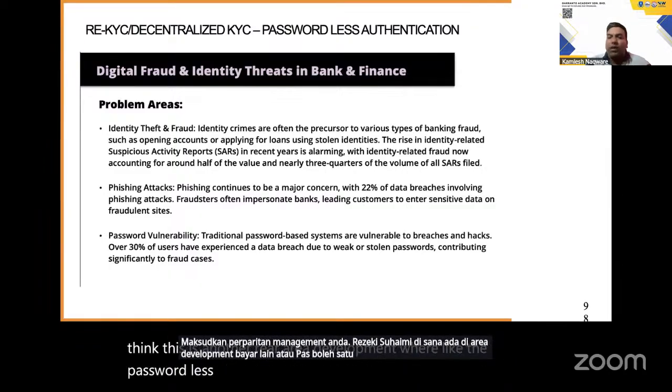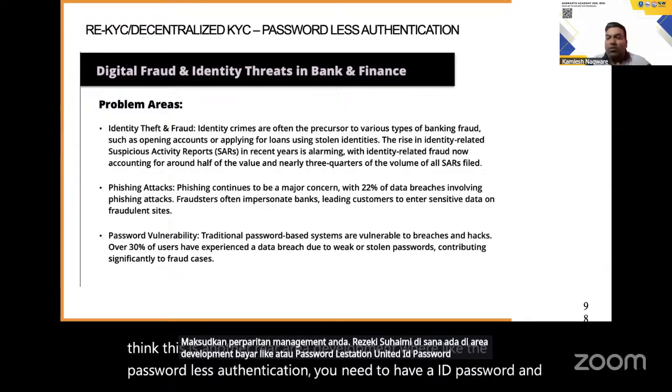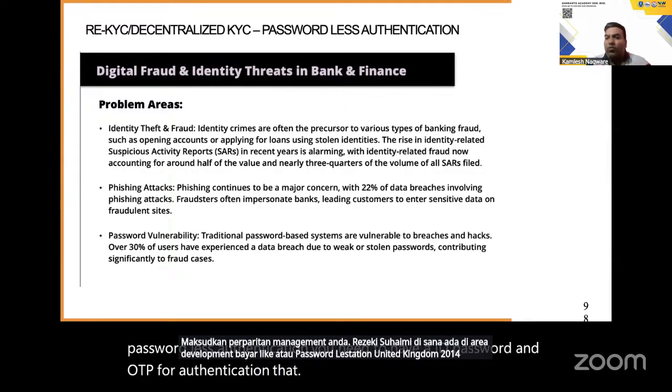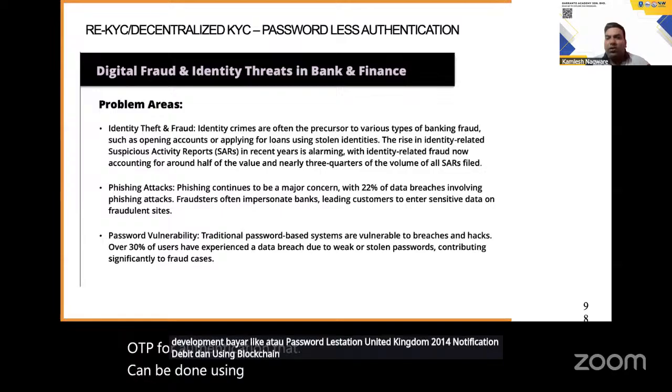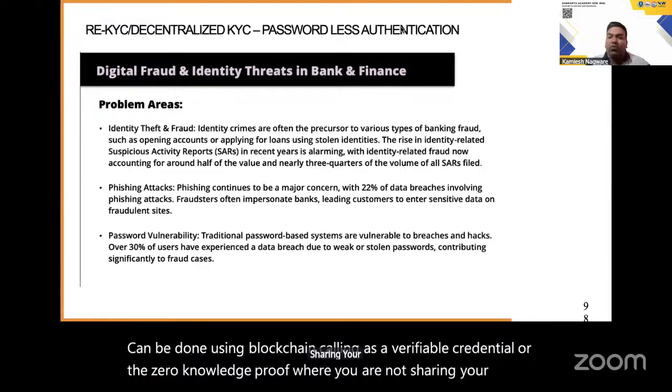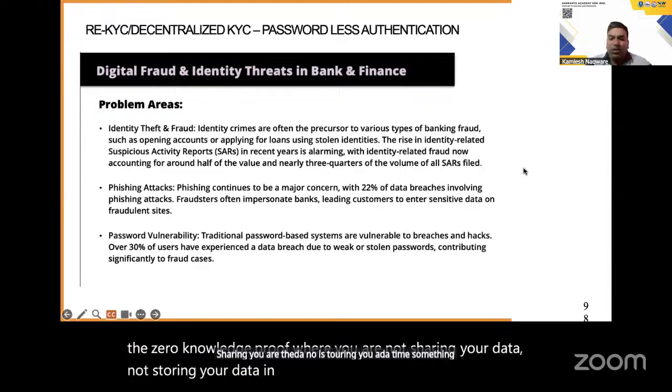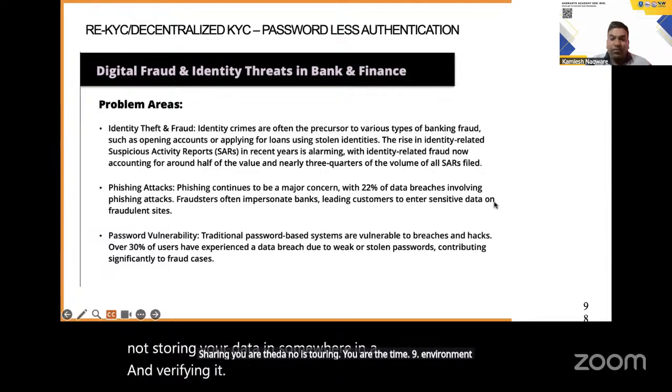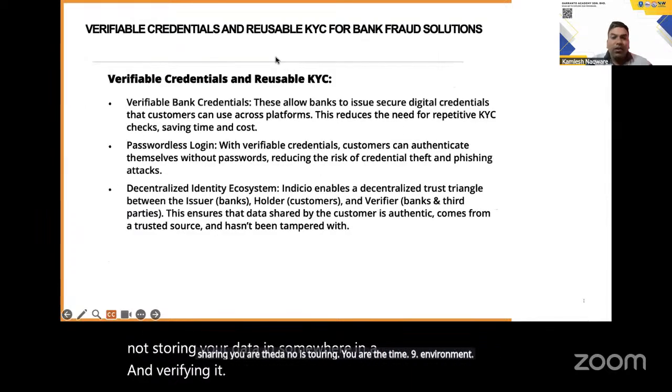Today you need an ID, password and OTP for authentication. That can be done using blockchain, through verifiable credentials or zero-knowledge proofs, where you are not sharing or storing your data somewhere, and yet it is verified. So this kind of thing is there.